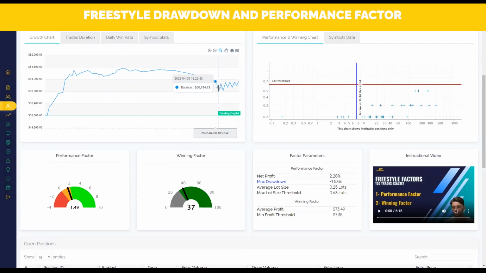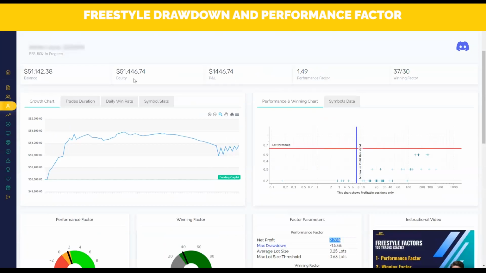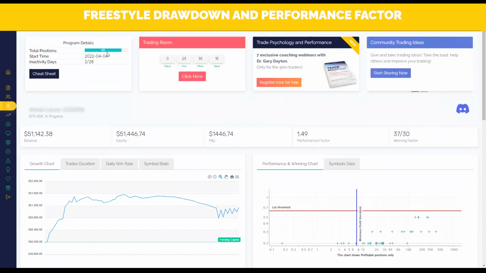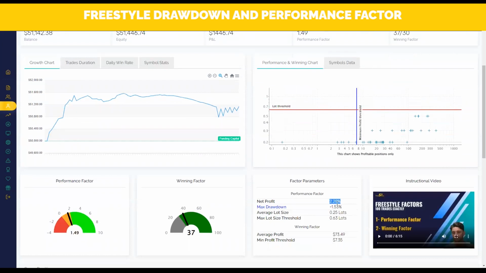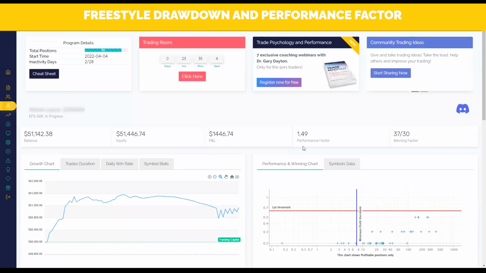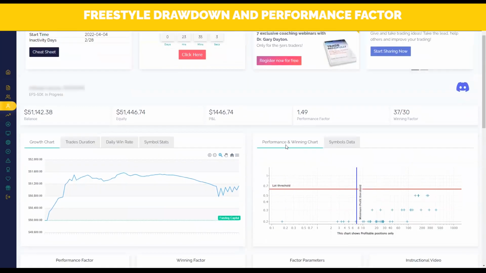This is the drawdown we're taking into account. So 1.5. So he needs to make now 3% net profit in order to get funded. He has 14 trades to go. If he can make another 1% or 0.8%, that will be enough to bring his performance factor above 2, and he will be funded.